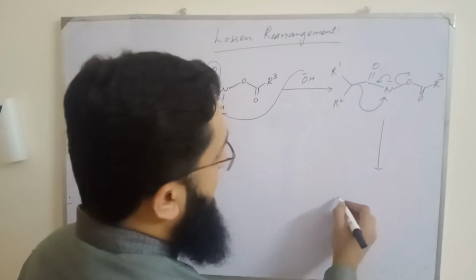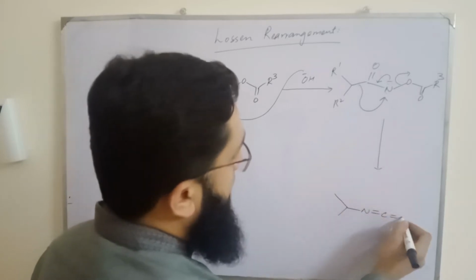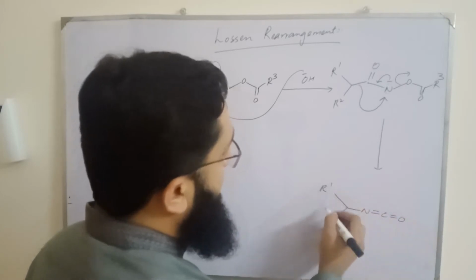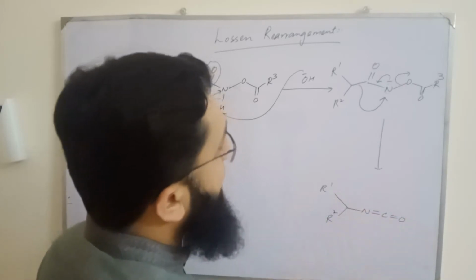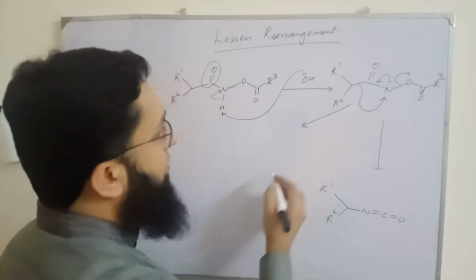As a result we will get this isocyanate, and this isocyanate is formed through this bridged anion.